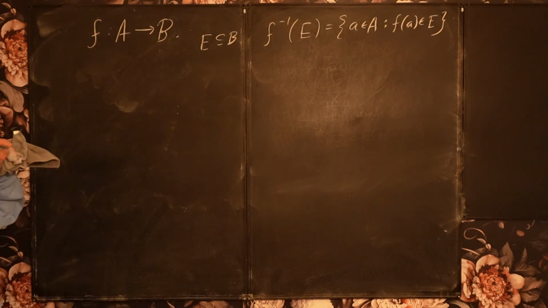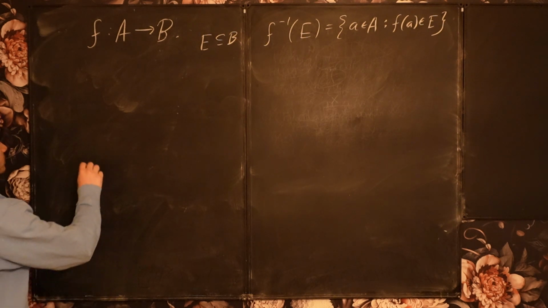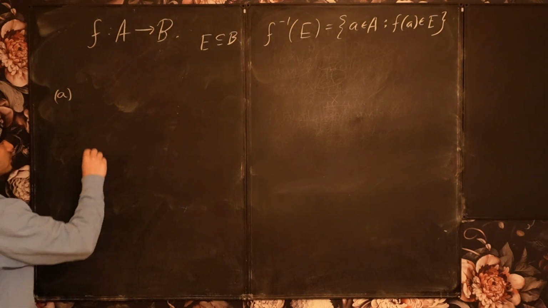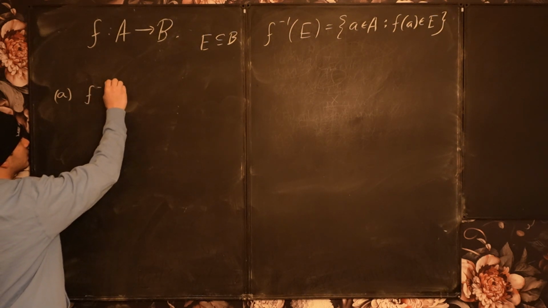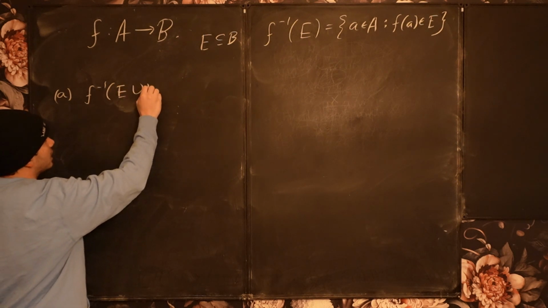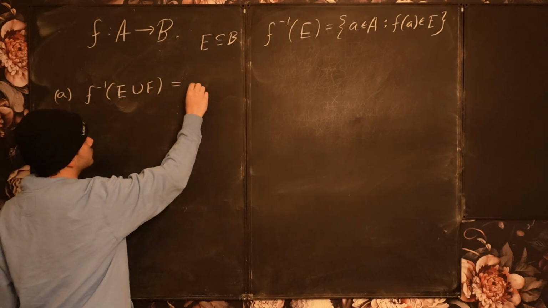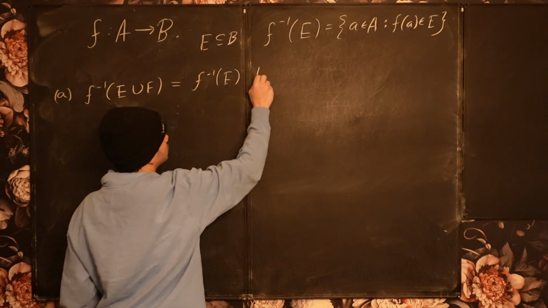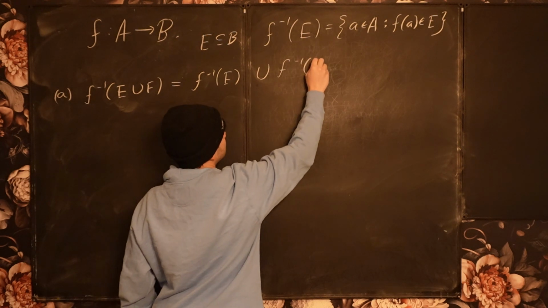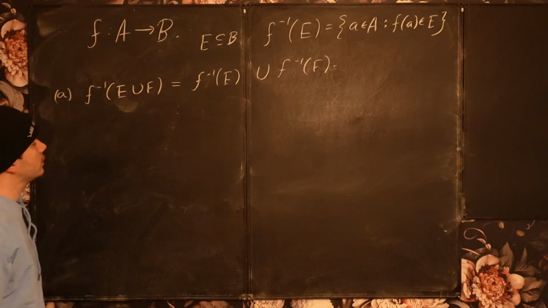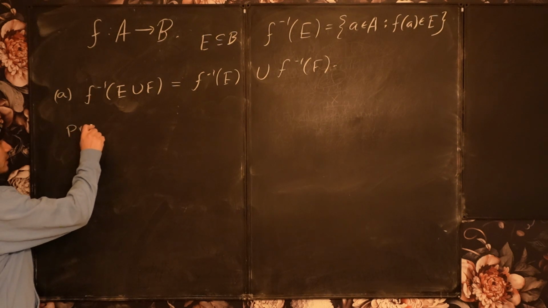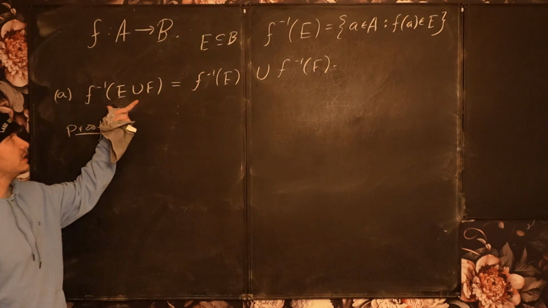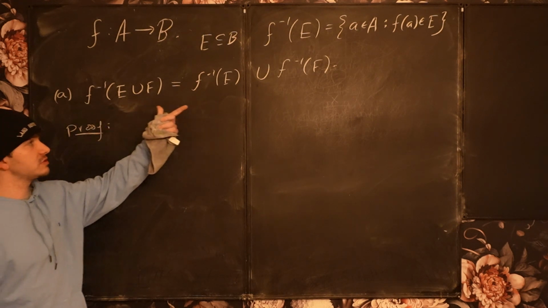All right, so now let's prove the first part of the theorem. Part A states that the inverse function commutes with the union. So F inverse of E union F is equal to F inverse of E union F inverse of F. Okay? All right, so for the proof, again, these are sets. By definition, these are sets, subsets of A. Both of these are subsets of A.